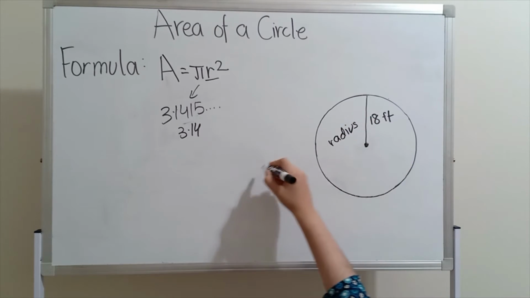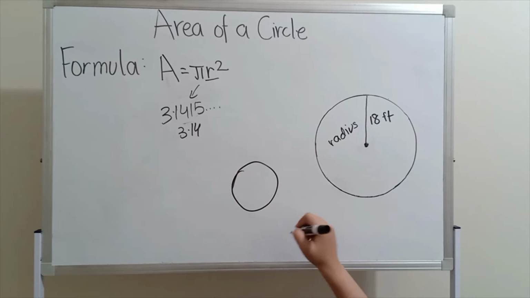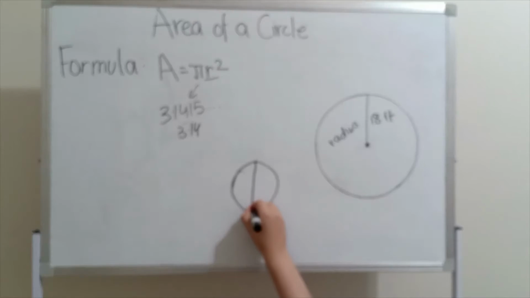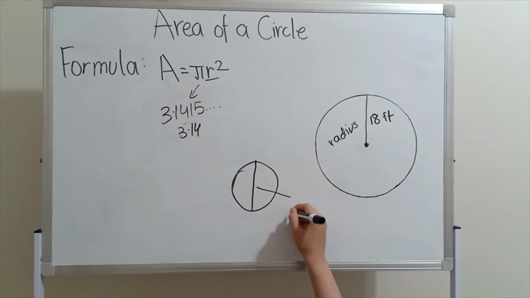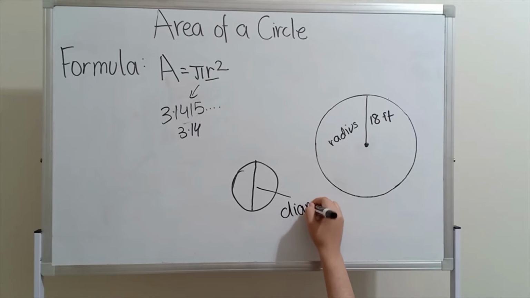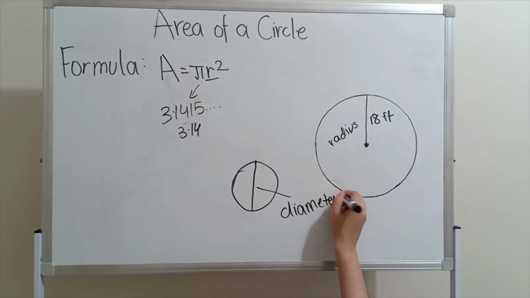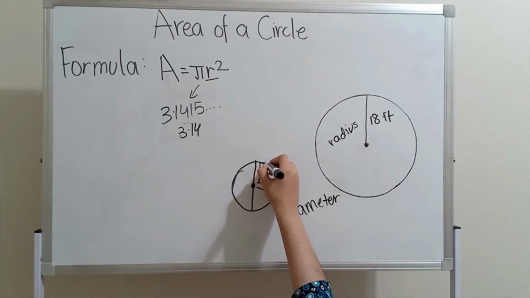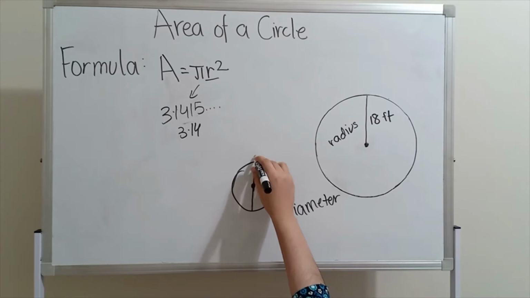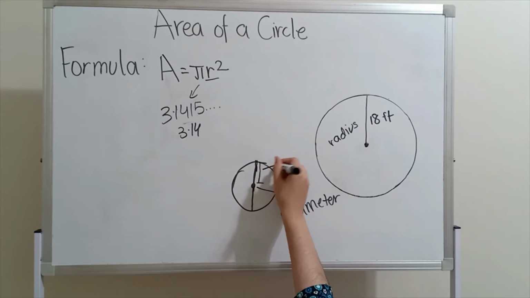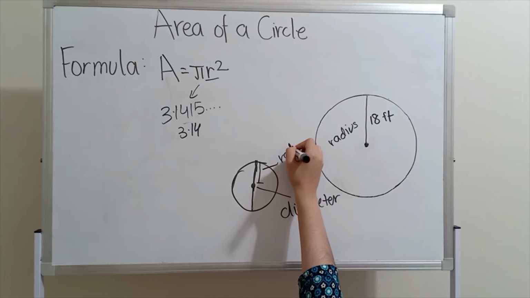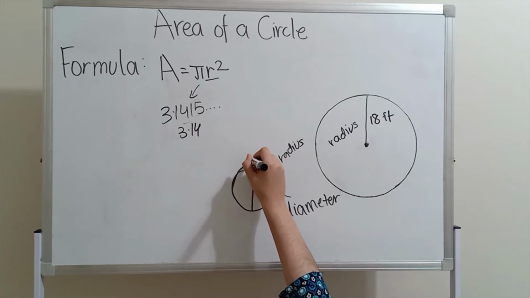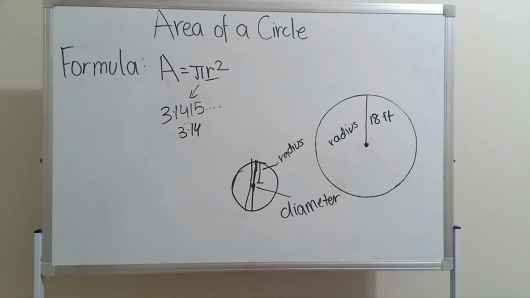Now if we draw another circle, even though it does not look perfect, if we draw a line through the circle, then that is a diameter. So this part from here to here, half of the diameter is the radius, and this whole line from here to here is the diameter.